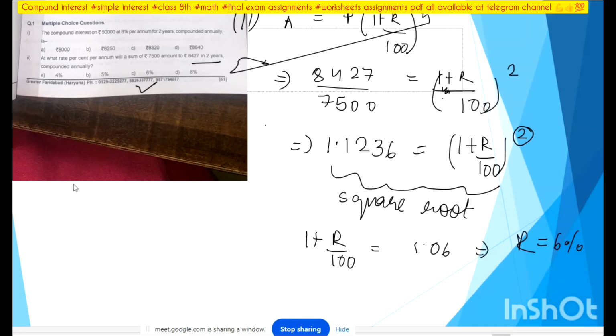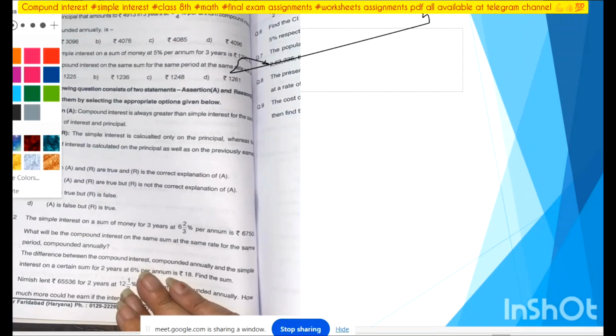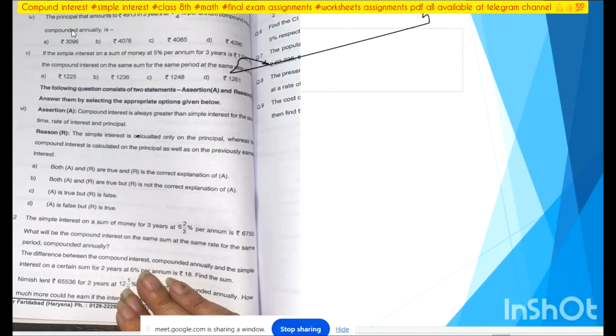And in the previous year we found the square root, right, in half yearly. See what is given in the question: the principal amount, 4913 in 3 years is 681 by 4% per annum, compounded annually. Okay, so you have to find out, compounded annually.